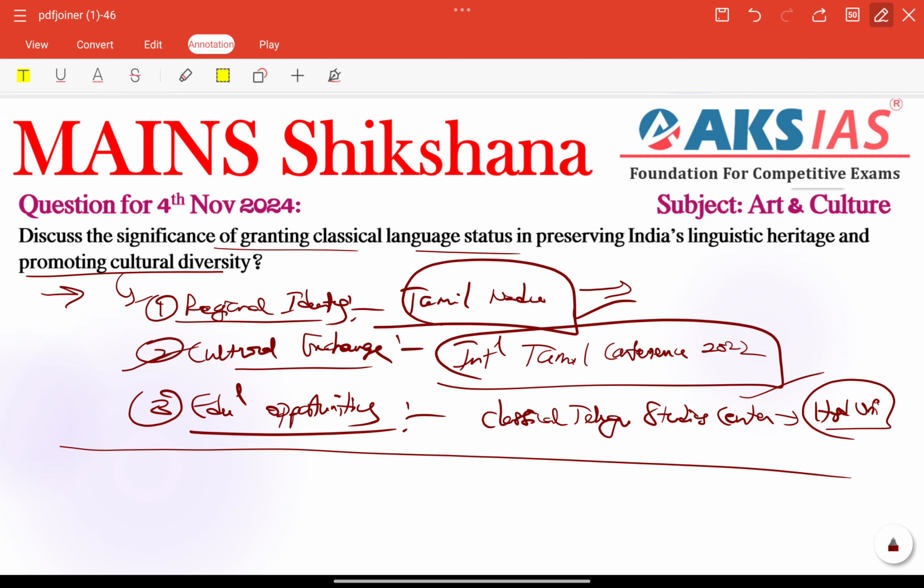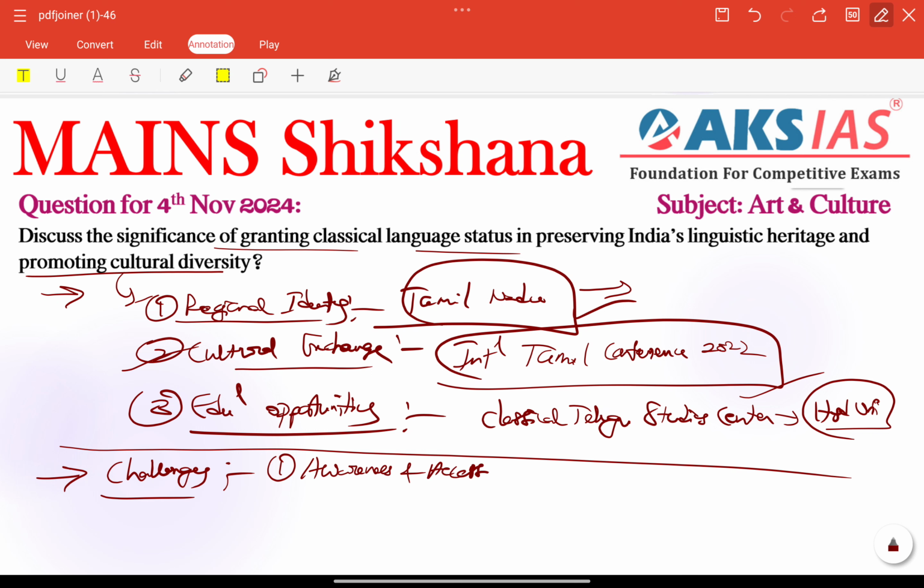Other than that, we need to address a few challenges before concluding, before providing some measures. First of all, in the challenges part, awareness needs to be included.